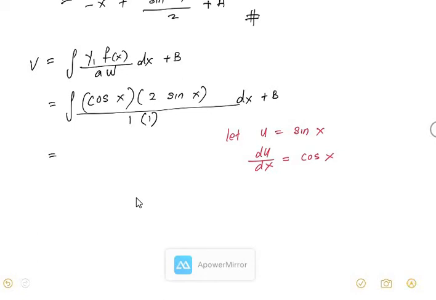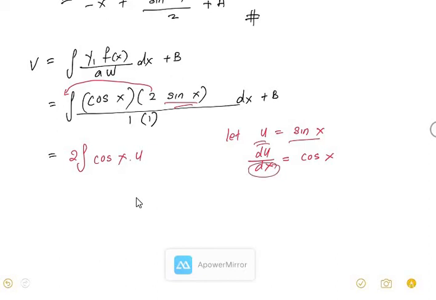Assume u equals sine x. Then du/dx equals cos x. So now this one we can take out. This is a constant, so 2 cos x.